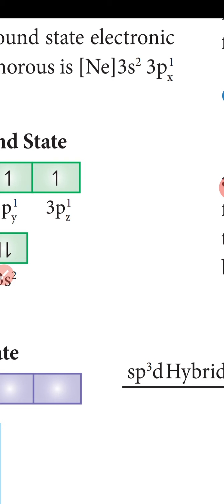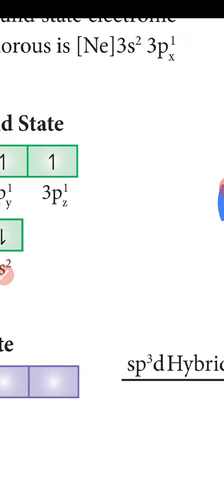Here the atomic orbitals of phosphorus undergo sp3d hybridization, which involves one 3s orbital, three 3p orbitals and one vacant 3d orbital. The ground state electronic configuration of phosphorus is neon 3s2 3px1 3py1 3pz1.